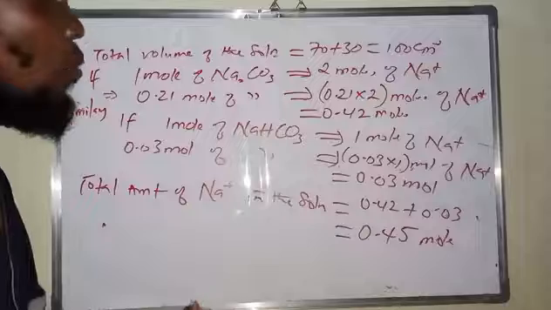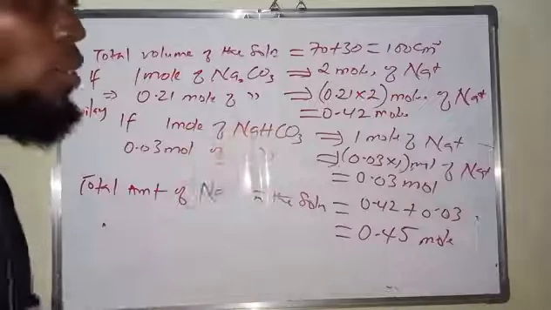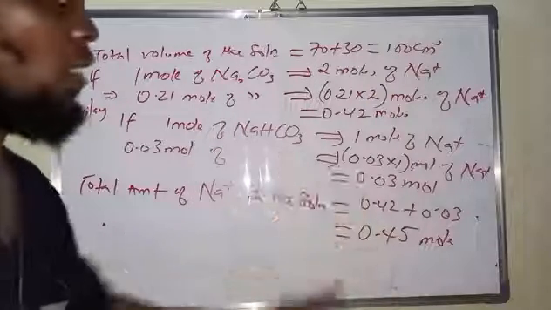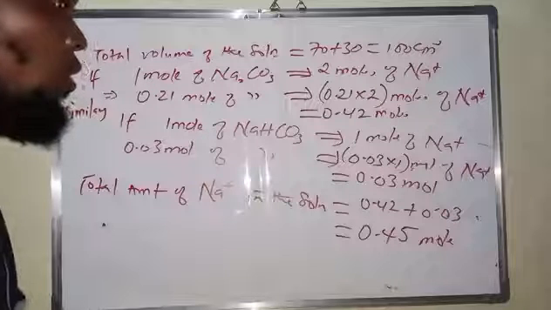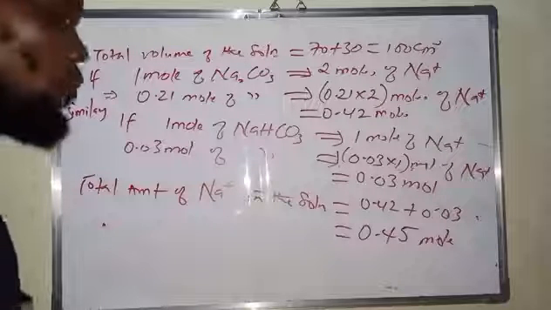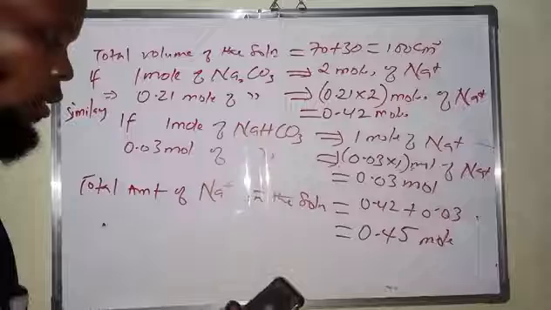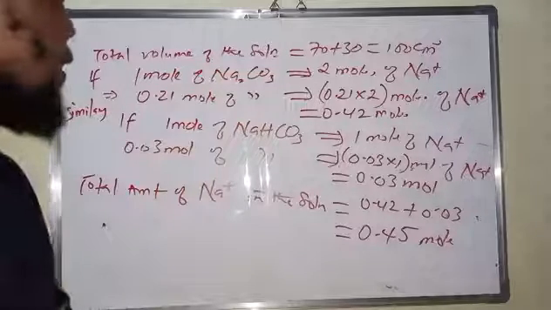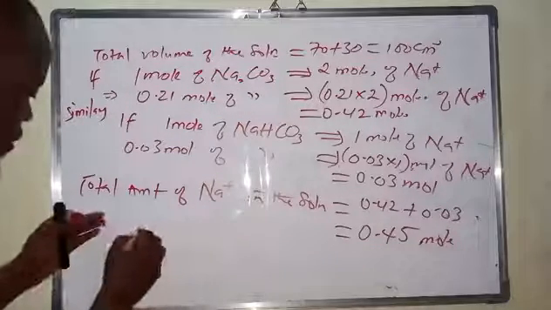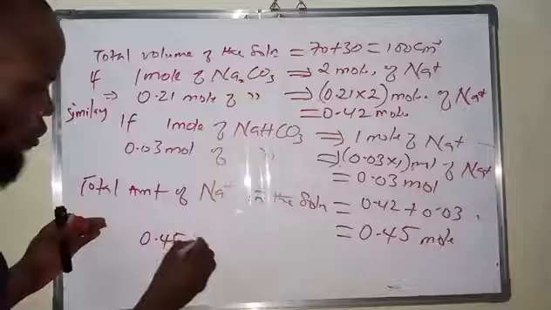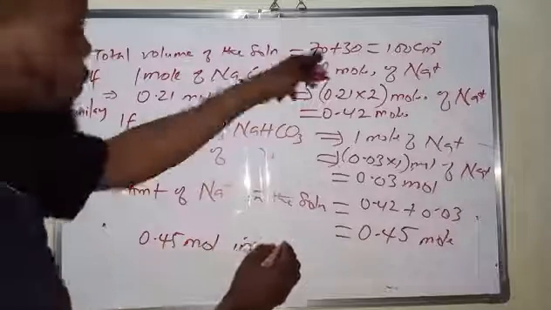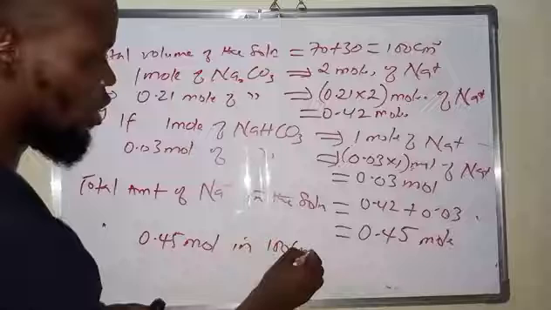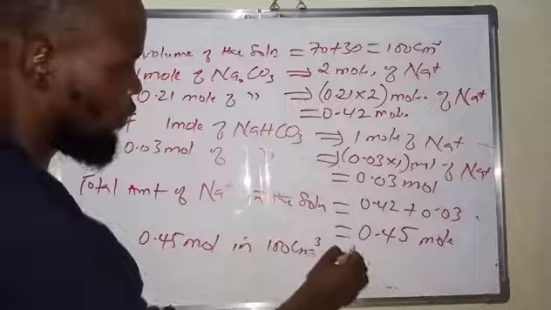But the question says we should find the concentration in mole per dm cube. So which means we have to bring the volume into this. What we know is that this 0.45 mole is present in the total volume, in 100 centimeter cube of the solution.